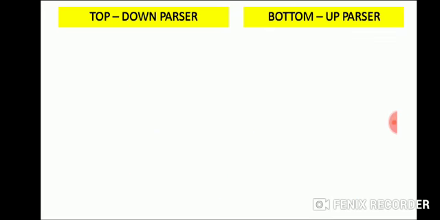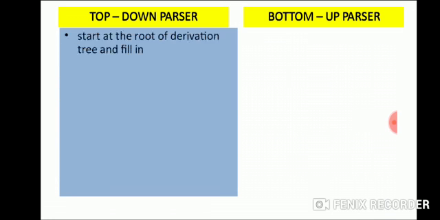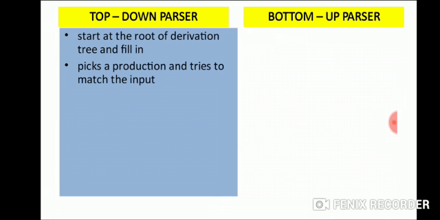Now let's have a look at the differences between top down parsers and bottom up parsers. Top down parsers start at the root of the derivation tree and fill in subsequently. In this parser, one needs to pick a production and try to match the input.